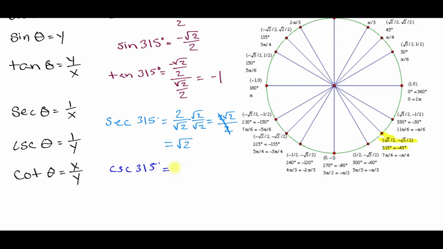So cosecant 315 is going to be the reciprocal of sine, so negative 2 over radical 2. Again, we're going to rationalize this, and we'll end up with negative radical 2. The cotangent of 315 is the reciprocal of tangent. Tangent is negative 1, so its reciprocal is just negative 1.